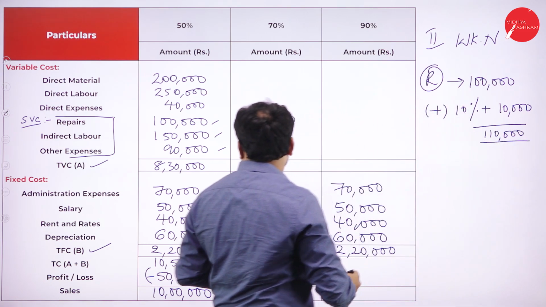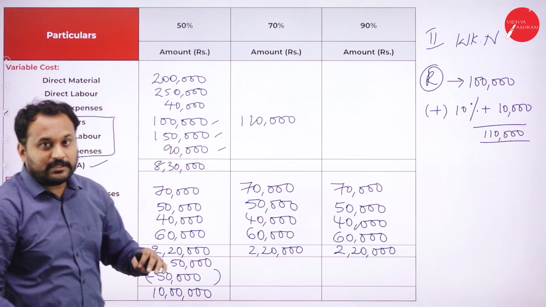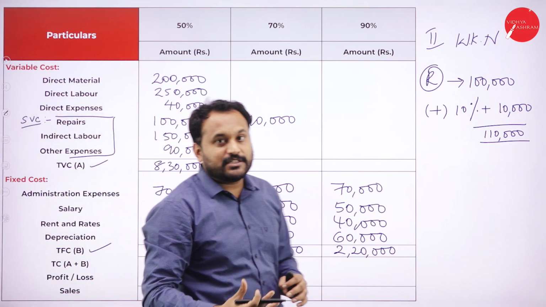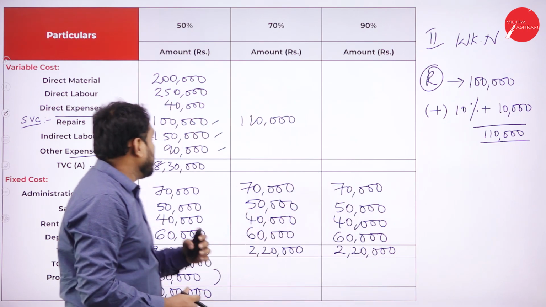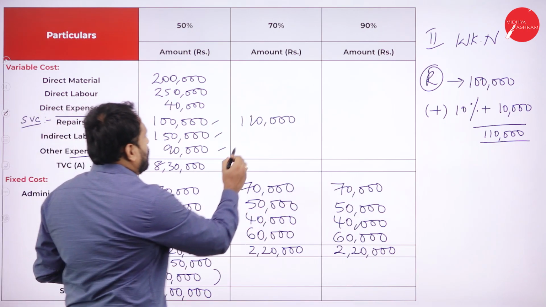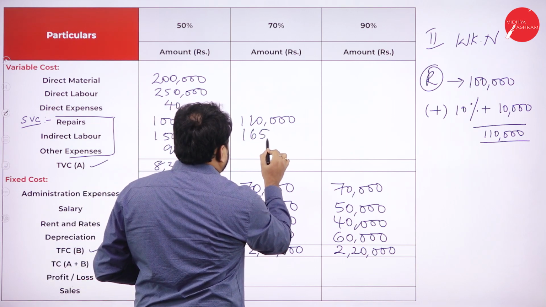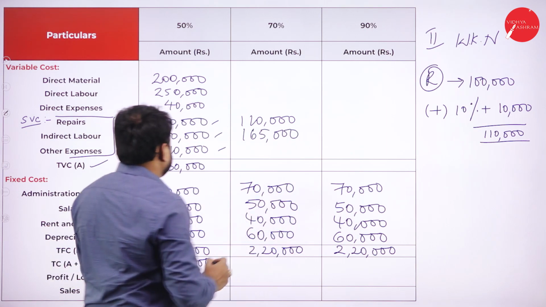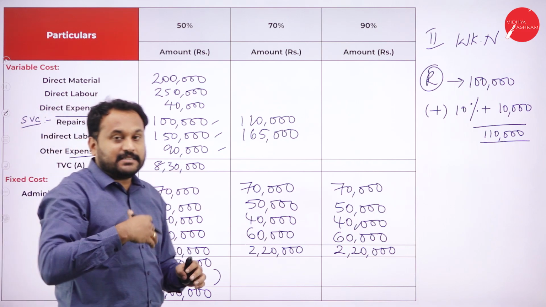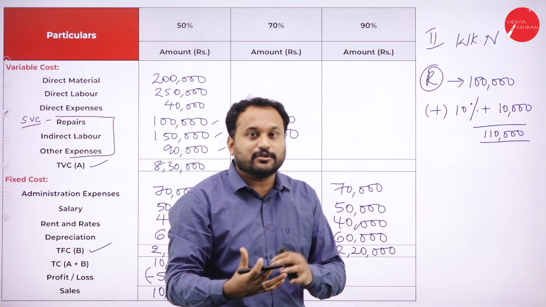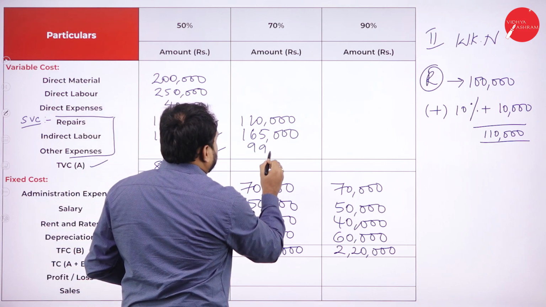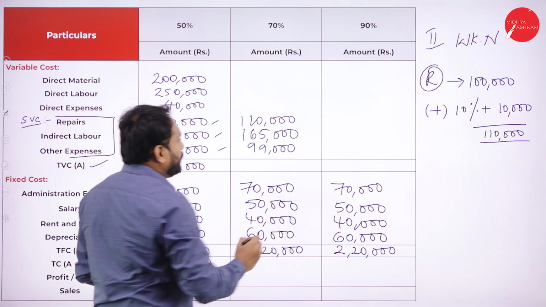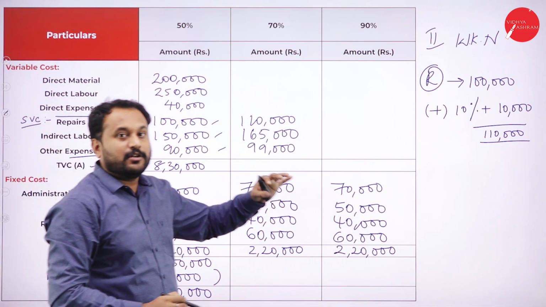The same way here, 1 lakh 50,000 plus 10%, in the sense 15,000, is added to it. Now 1 lakh 50,000 plus 15,000 is 1 lakh 65,000. Same way, 90,000 plus 10% is 9,000. So 90,000 plus 9,000 is 99,000. So we got our semi-variable also.